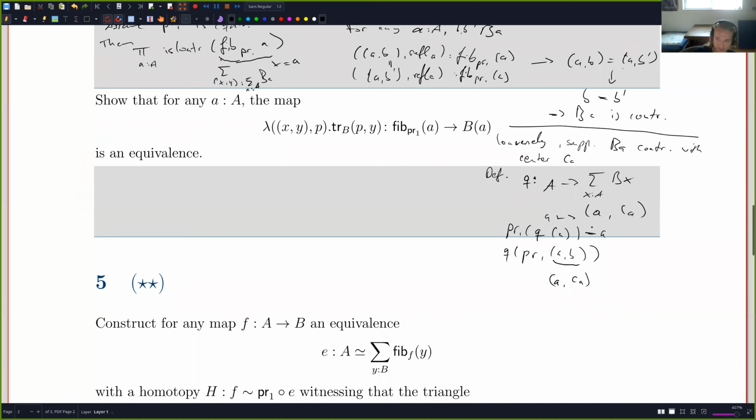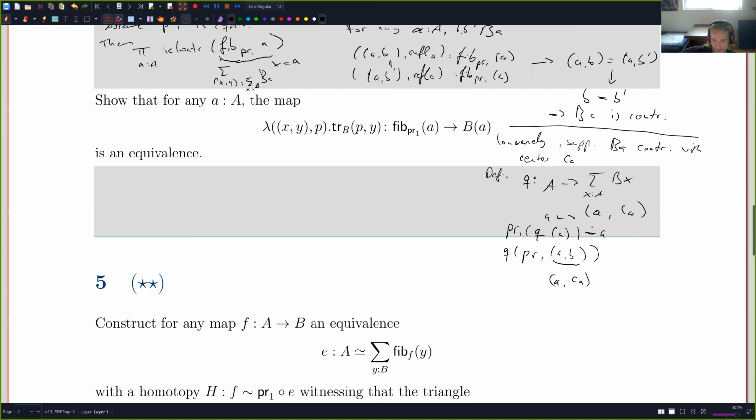This contractible fiber is constant over a single element. Equality here is really just equality in the second component. So we may assume that B is C A. And then it's already clear.